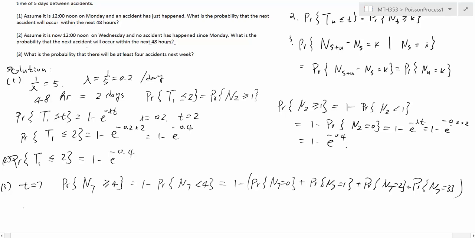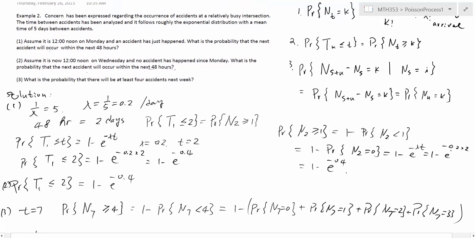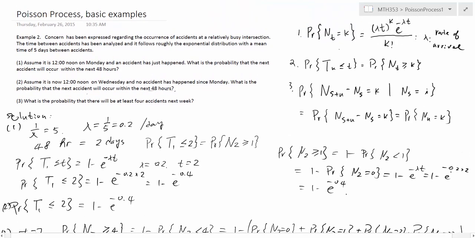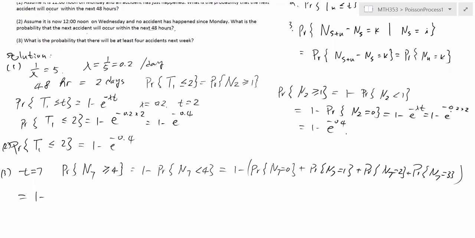Then we plug in the formula. For N7 equal to 0, we go back to the formula one more time, with t equal to 7.